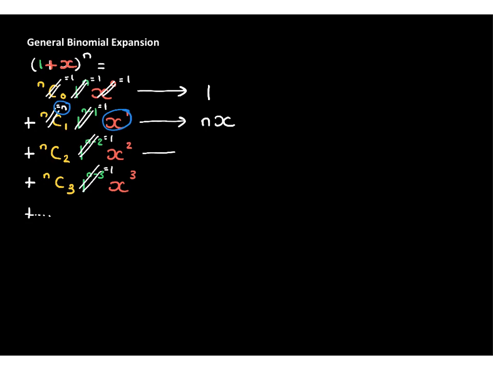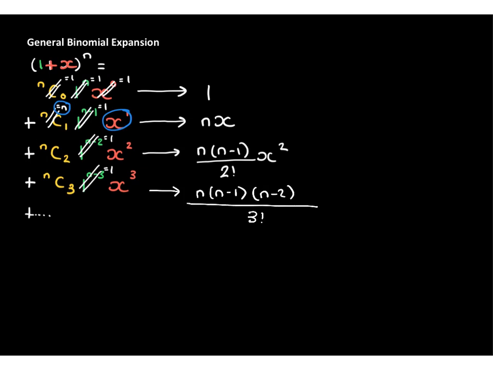The third term, we know that n choose 2, we worked it out, is equal to n multiplied by n minus 1 all over 2 factorial. But this is now multiplied by x squared. And the next term is n times n minus 1 times n minus 2 all over 3 factorial multiplied by x cubed.